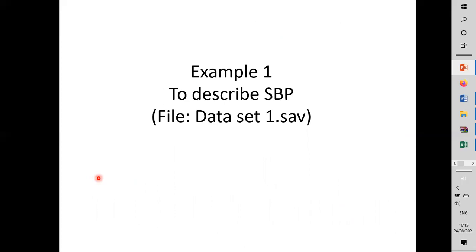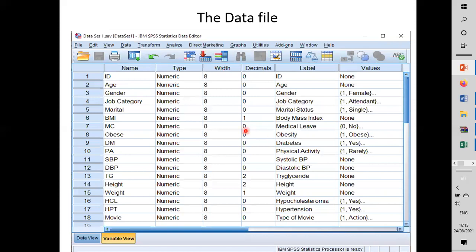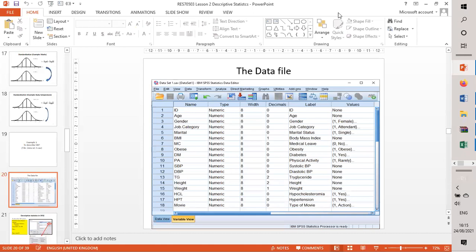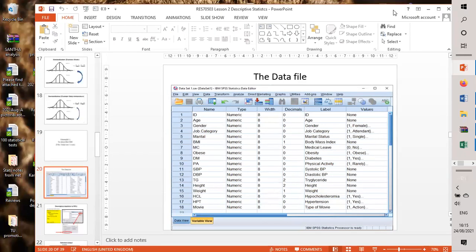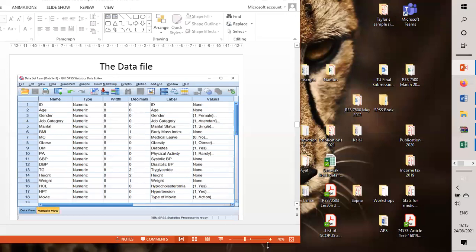Example 1. In that data set, I want to describe systolic blood pressure. So this is my data set. We take the SPSS.